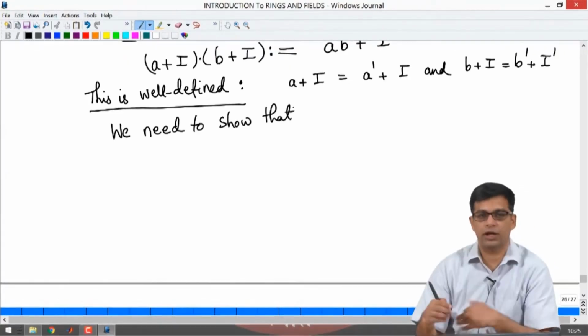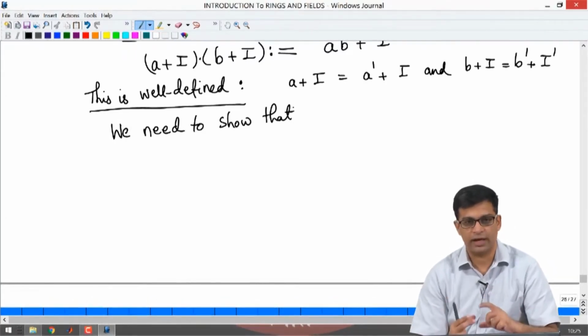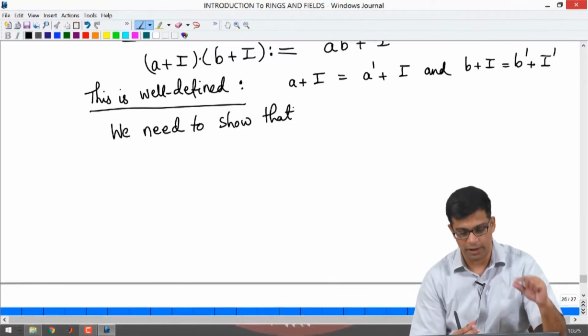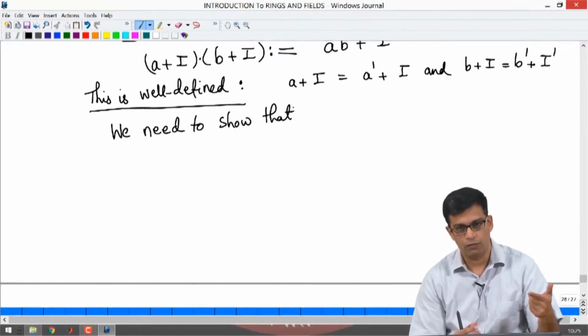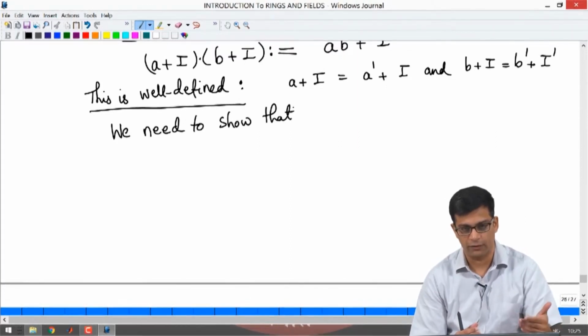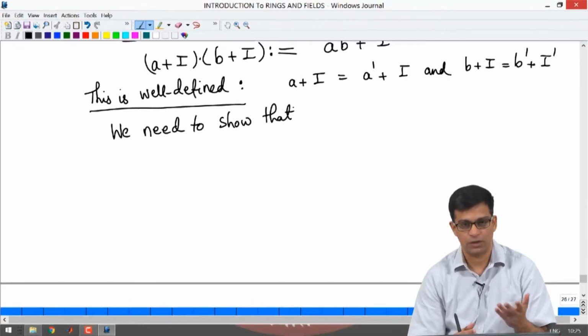this is the usual thing that one has to deal with when one works with cosets, because a coset can have several representatives and there is no unique choice. Whatever operation we define, we need to ensure that the choice of the representative plays no role.